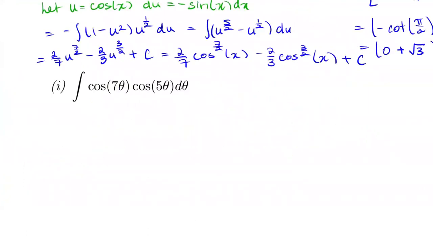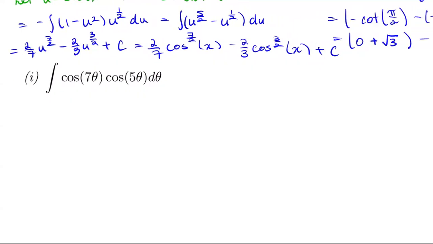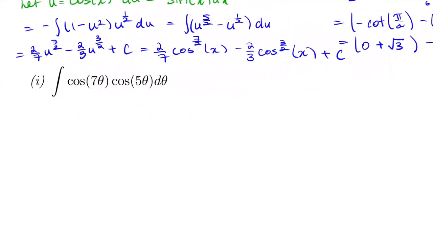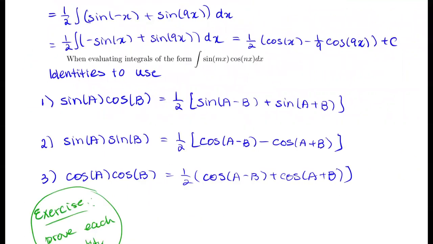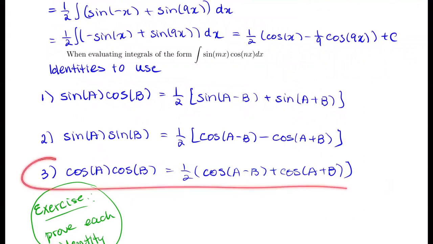Now let's have a look at the last one. We have the integral of cos 7 theta multiplied by cos 5 theta d theta. So this is where we're going to be using one of the angle identities. In particular, we're going to be using identity number 3, this one over here.